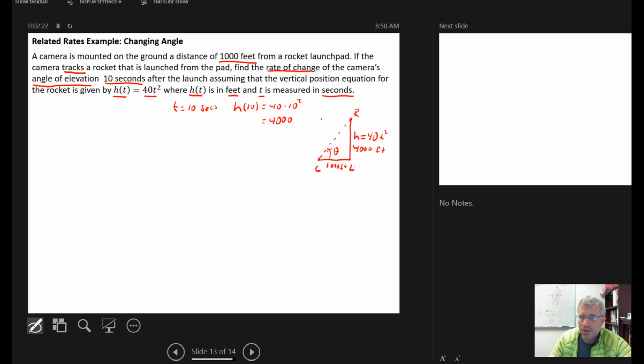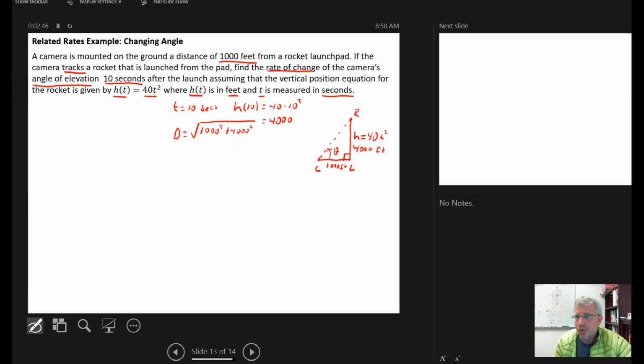This distance is given by the Pythagorean theorem as the sum of the squares of the legs of the right triangle. We're assuming that this is perpendicular here. So the distance between the camera and the rocket at the 10-second mark is going to be the square root of 1,000 squared plus 4,000 squared. And we can fuss with that later.